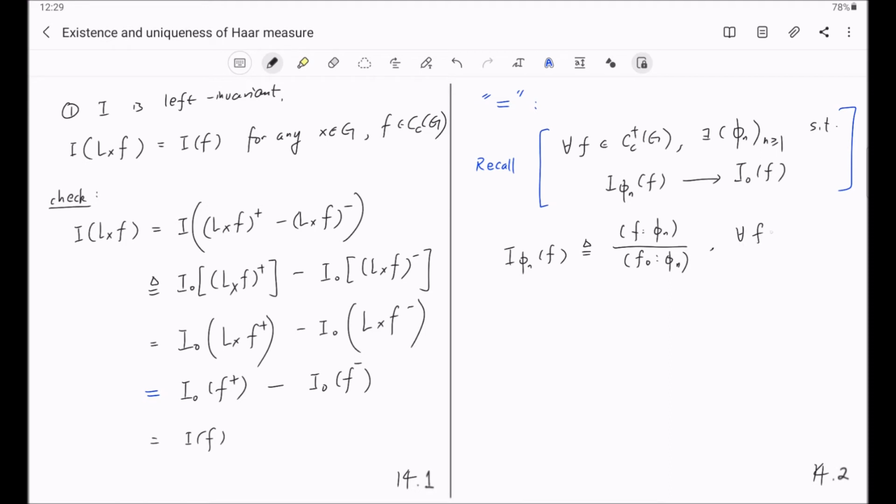For any f in CC plus of G, I sub phi(n) is left invariant by lemma 1a. Remember, lemma 1 is about some basic properties for the Haar covering numbers with respect to functions.